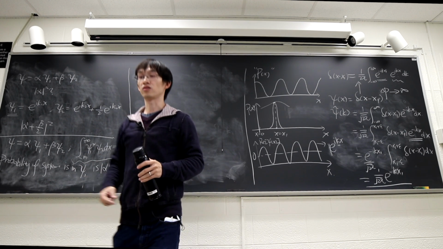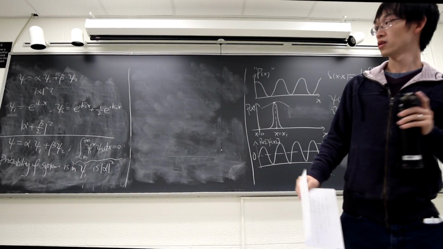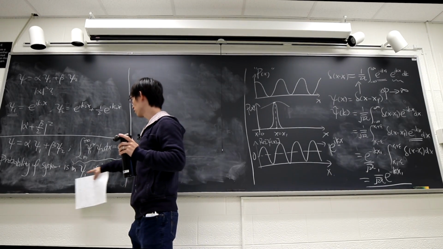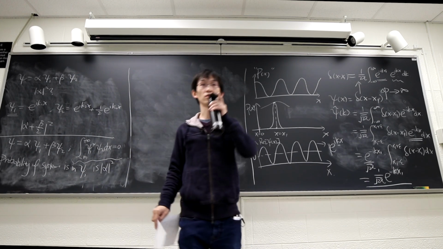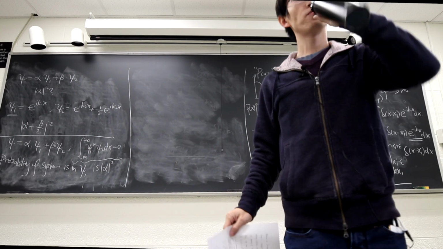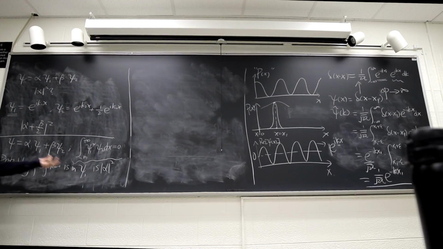So the probability of the system would be alpha squared? Yes, the probability of the system in psi 1. If you want to do this measurement, it's very simple. For example, if psi 1 represents a momentum, then you simply measure the momentum, and you see different values of the momentum.